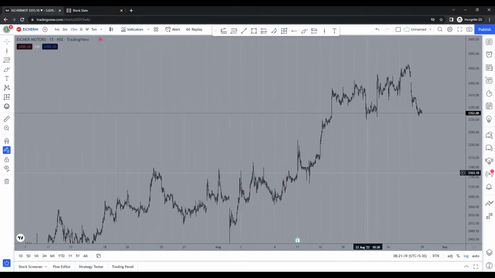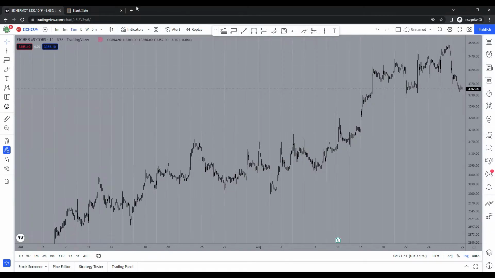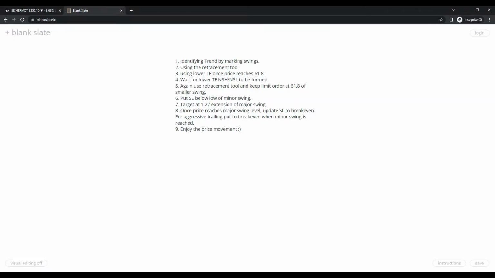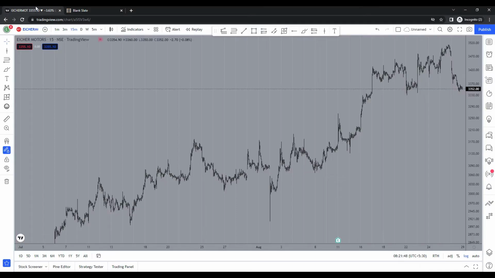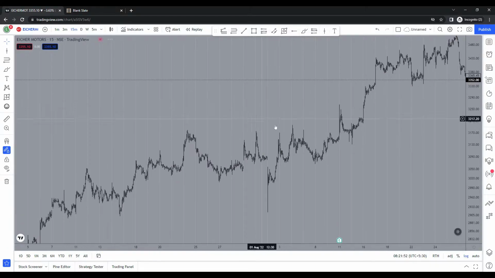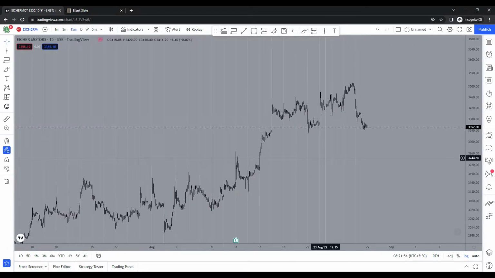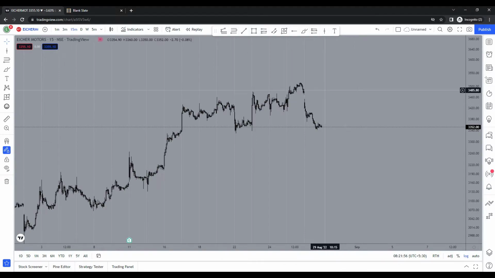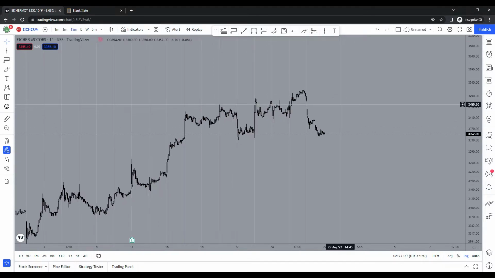No problem. Let's begin. So I'll be explaining the first part, the first point being identifying the trend by marking swings. So as you can see, the most obvious thing whenever you open a price action of any chart, you need to see where the current price is, what is the highest point and what is the lowest point.